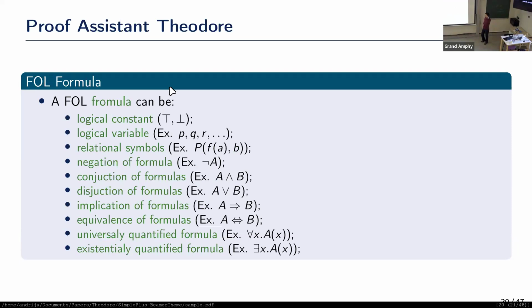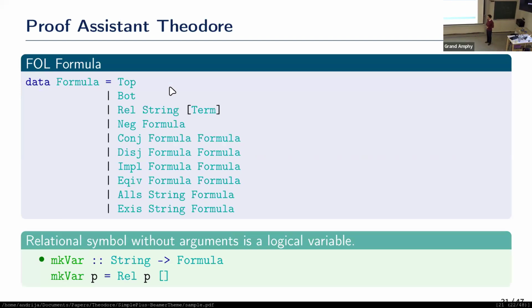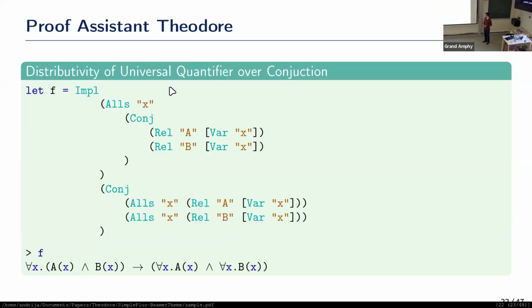A formula consists of logical constants, variables, relational symbols, negation of a formula, conjunction, disjunction, and so on. We also encode it in Theodore. We have, again, a relation for zero terms to be a variable, just a logical variable. So this is an example of that formula from the beginning.